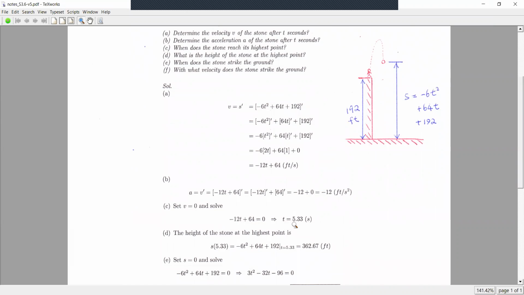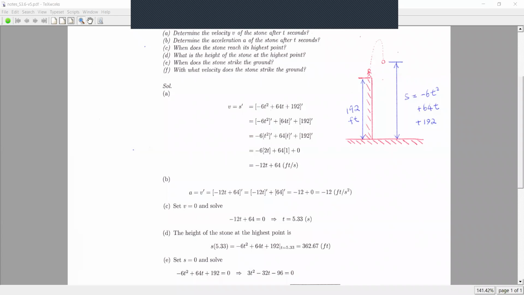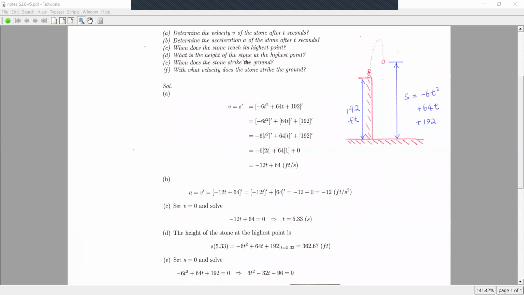The time is 5.33. Part D. What is the height of the stone at the highest point? To answer part D, plug 5.33 into the position function, then we get the height is this number.